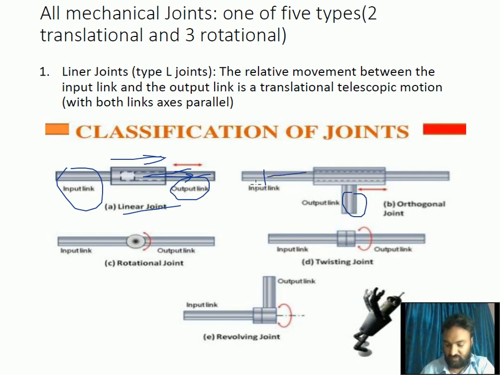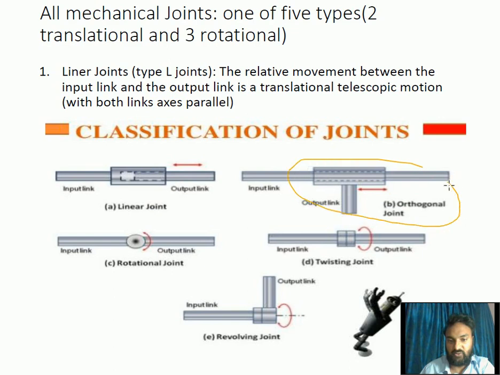Why normal? Because you see the axis of this link is this way and the axis of this link is this way. So the input link axis is this way, the output link axis is this way, and the linear motion is in this way. So this is called orthogonal. The output link axis is normal to the input link. Here it is linear.